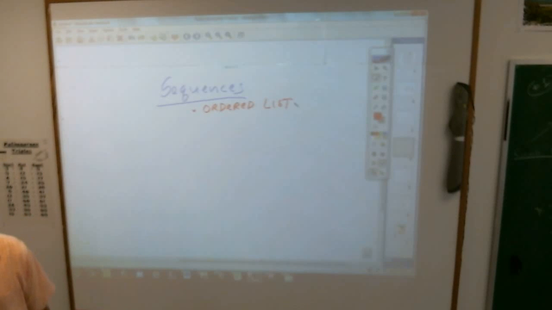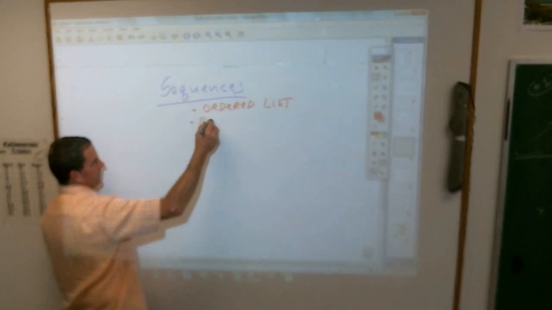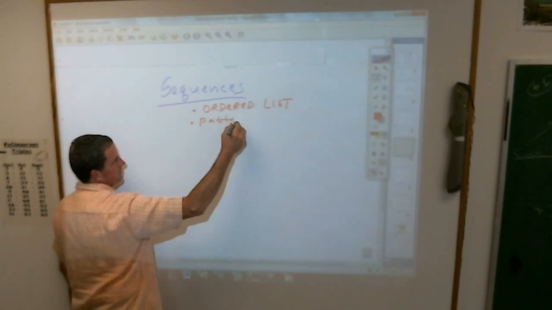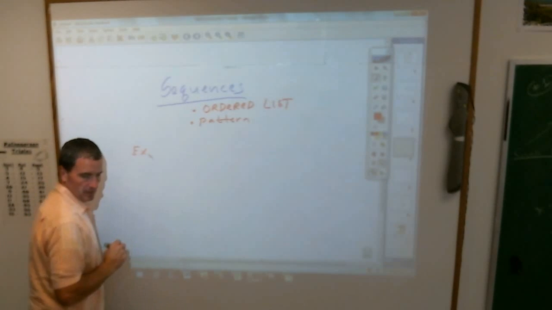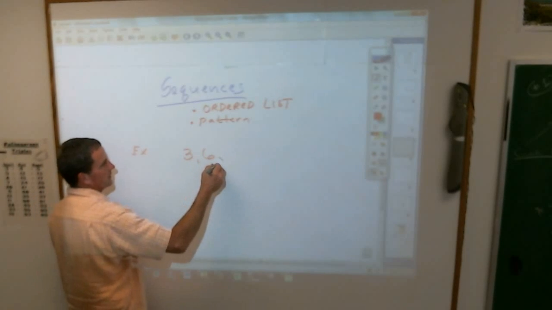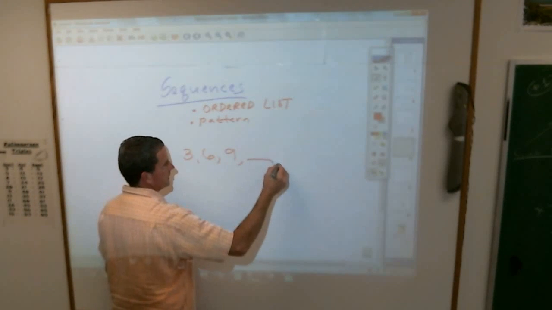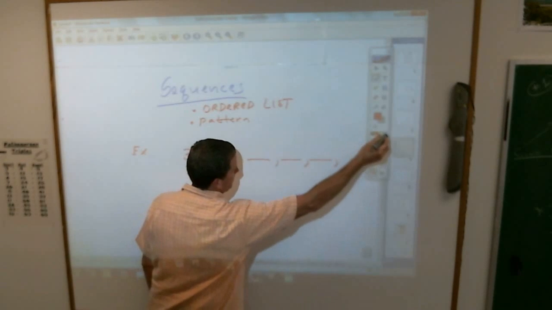For example, here is a sequence. Maybe you think of it like a pattern. Here is an example: 3, 6, 9, blank, blank, blank, dot, dot, dot.